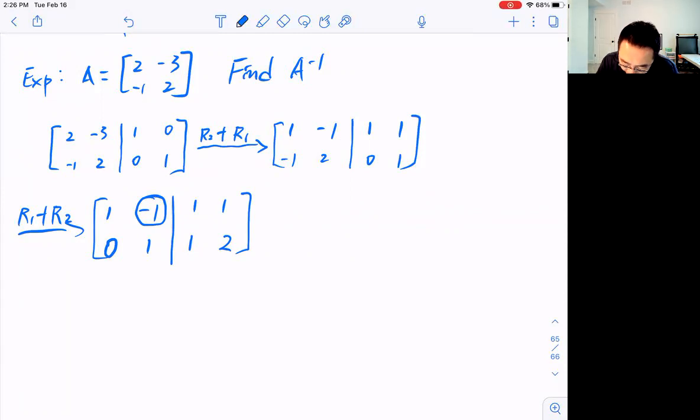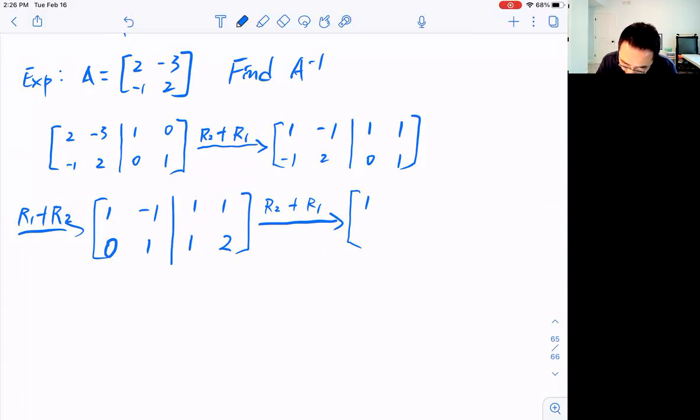Well, to do that, you can see if -1 is added with 1, that will turn it into 0, right? So let's do that. This is R2 added to R1. Then you get 1 plus 0, which is still 1.